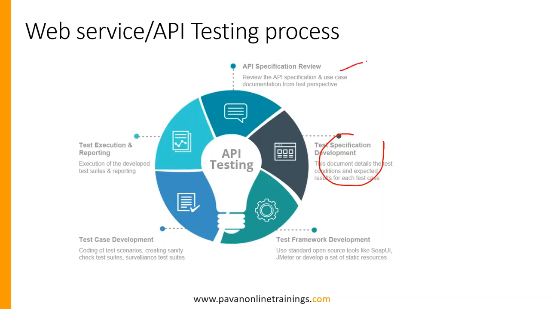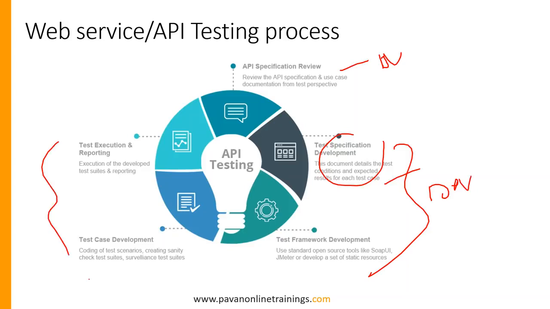In the first two phases, the BU people or product managers will be involved, and in the next, the development team. In these last two areas, the QA team will be involved. This is the end-to-end cycle of the API testing process. The specification will be there. Based on the specification, developers will design the APIs and make them available to access by the QA team, and then the QA team will prepare the test cases for testing those APIs.